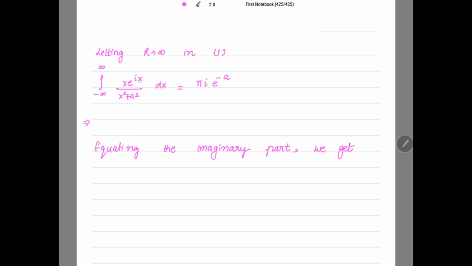Now I have to change e to the power iota x into cos x plus iota sine x. So this is x times cos x plus iota sine x over x square plus a square dx equal to pi iota e to the power negative a.